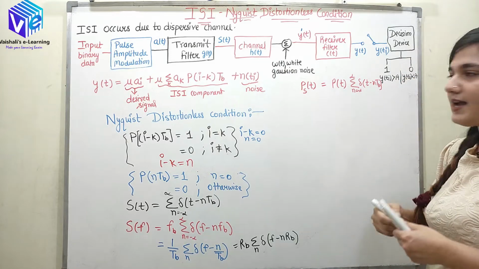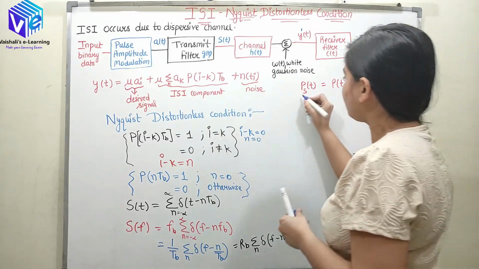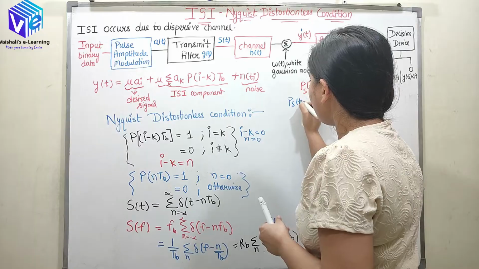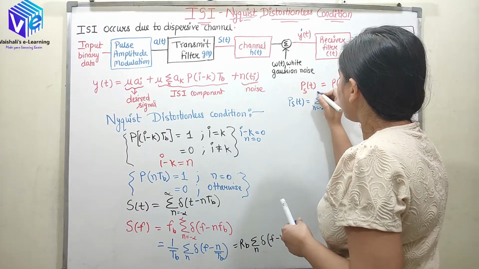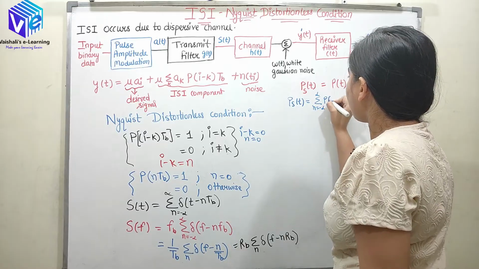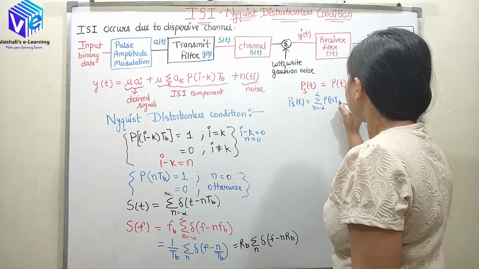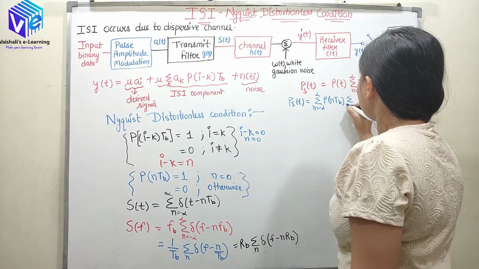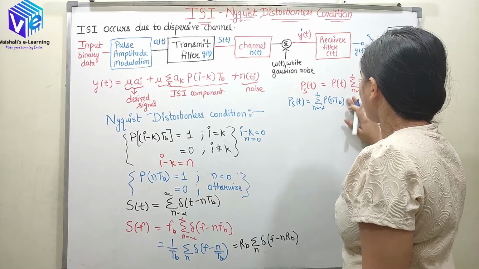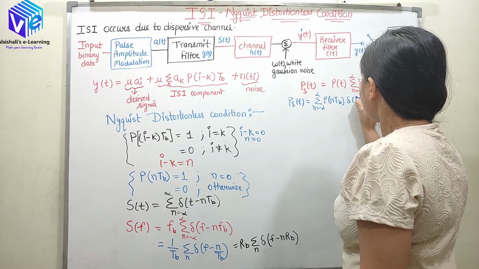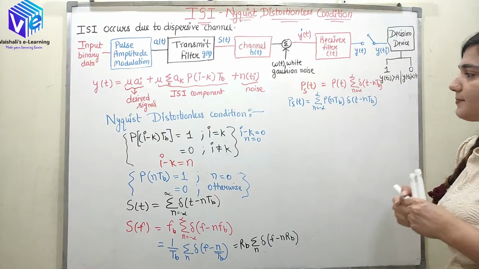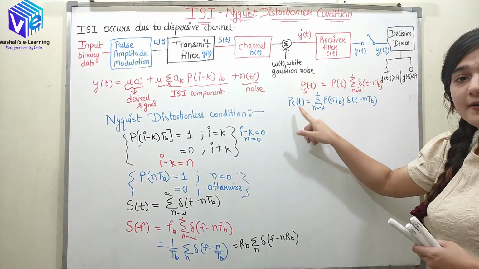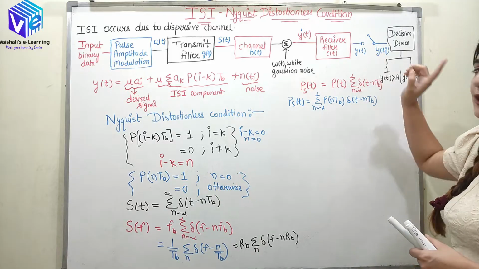This is my p_s(t). I can represent this p_s(t) in another form as summation n equal to minus infinity to infinity p(nT_b) delta(t minus nT_b). This is my p_s(t), the sampled pulse output, which is produced here.